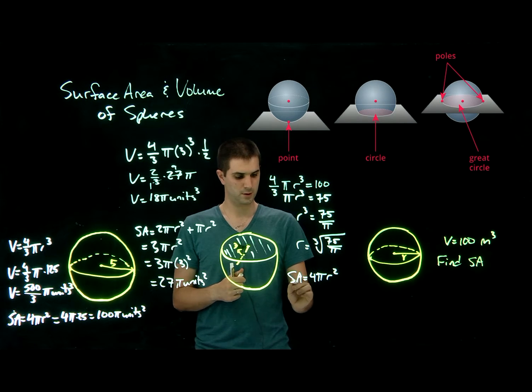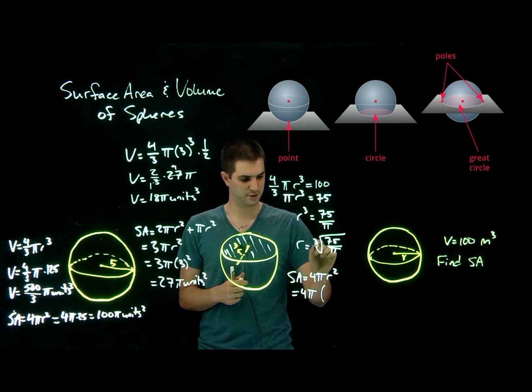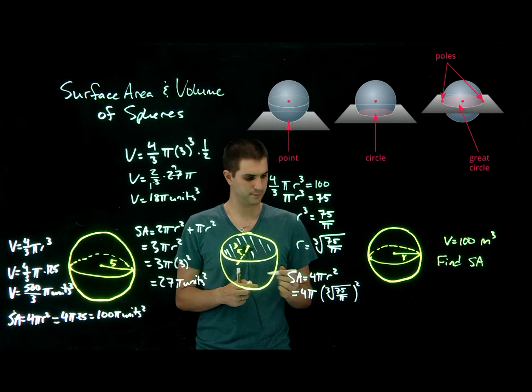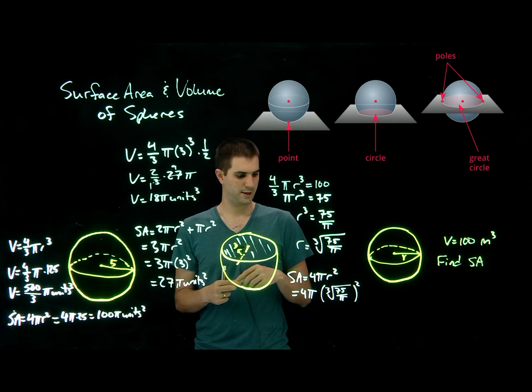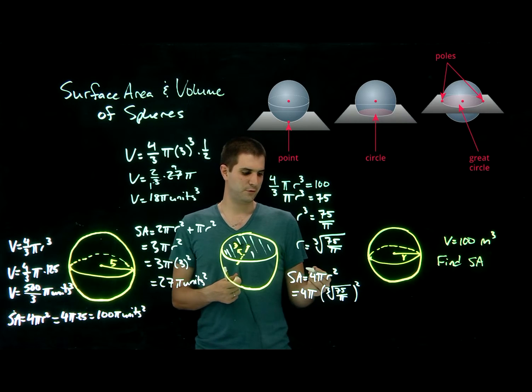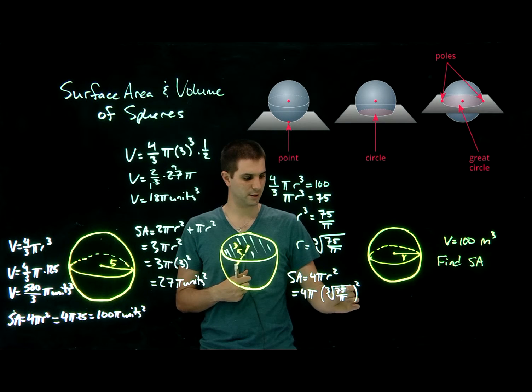So that's going to equal 4 pi times this big ugly number, cube root of 75 over pi, squared. If you forget how to do some algebraic manipulations, basically you can square these numbers.